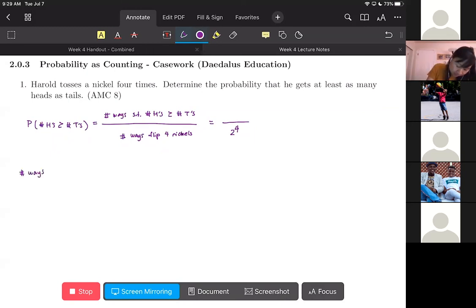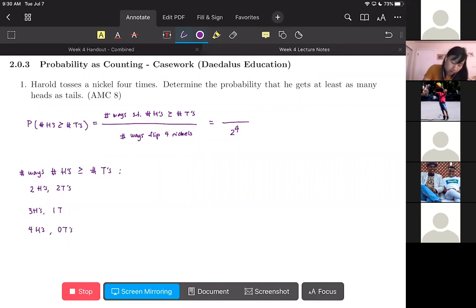When heads equals tails, so there's 2 heads and 2 tails. When there's 3 heads and 1 tail, yeah. Right, so it could be 2 heads, 2 tails. It could be 3 heads, 1 tail. Finally, it could be 4 heads, 0 tails.